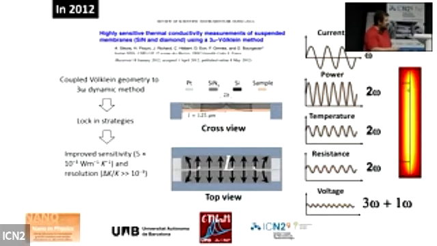Combining that current at 1 omega with that resistance that has a constant component plus the 2 omega oscillation around that constant, what we get is a voltage that has a 3 omega component plus the 1 omega component that of course we would like to remove, because we can extract all the thermal information from the 3 omega component. That's the key point.